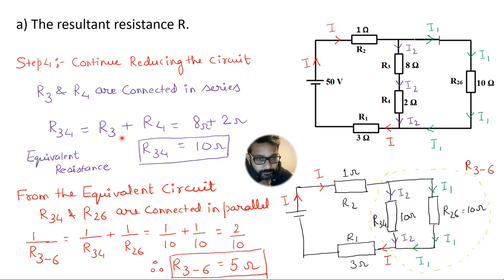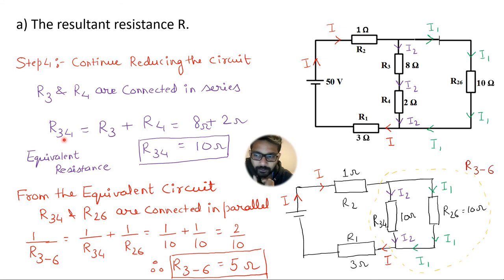So again we are going to use the same formula for calculating the equivalent resistance of two or more resistances connected in series. It is essentially the sum of the individual resistances. So I'm calling this equivalent resistance of R3 and R4 as R34.